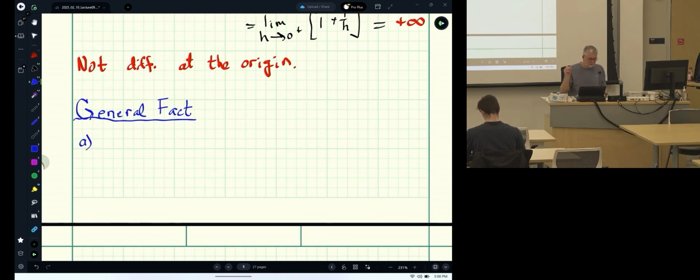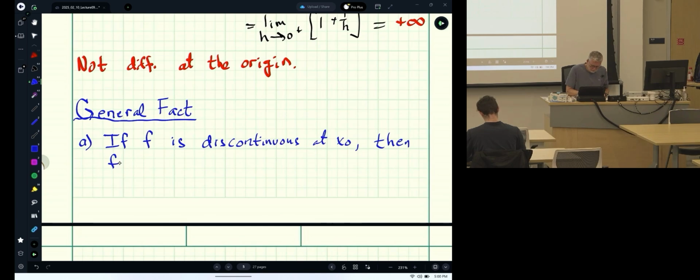It's really one fact, but I'm going to write it in two different ways. If f is discontinuous at x0, then f is not differentiable at x0.